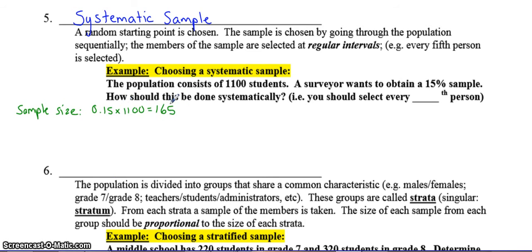Now, how should this be done systematically? Well, what you do is you take the size of the population. So I'm going to put here the nth person that you ask is equal to the population size divided by the sample size.